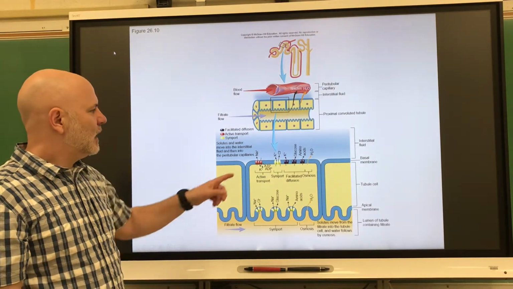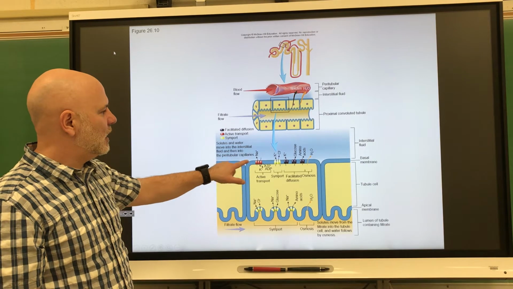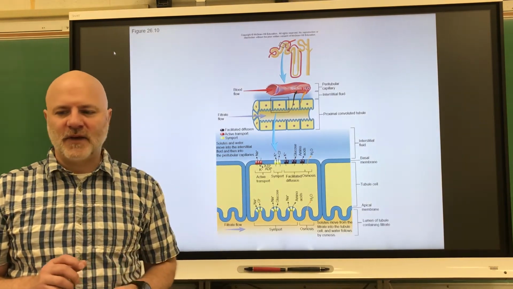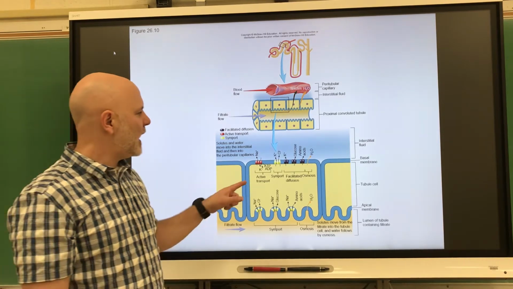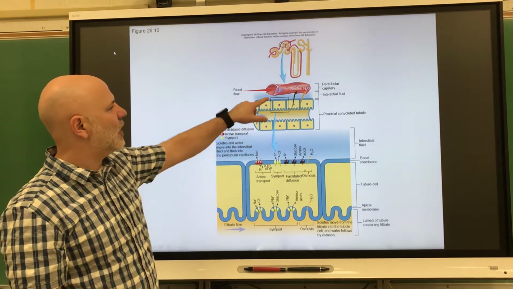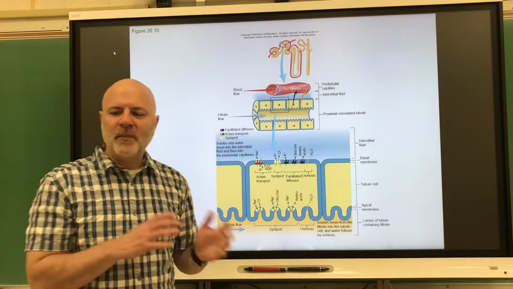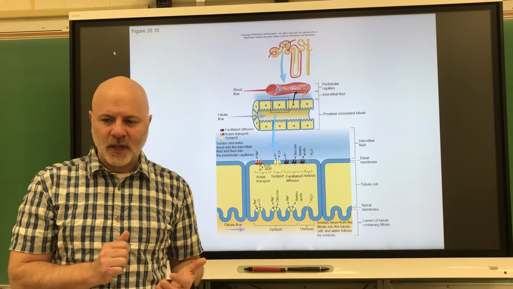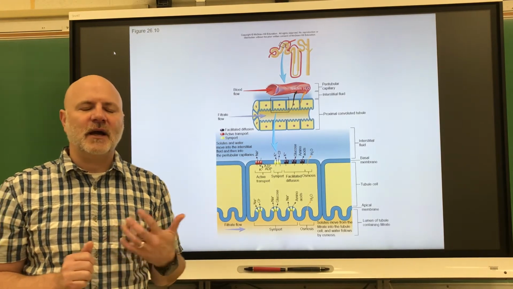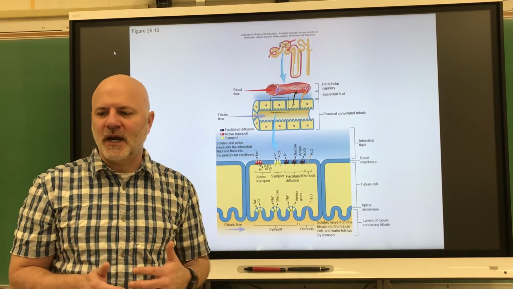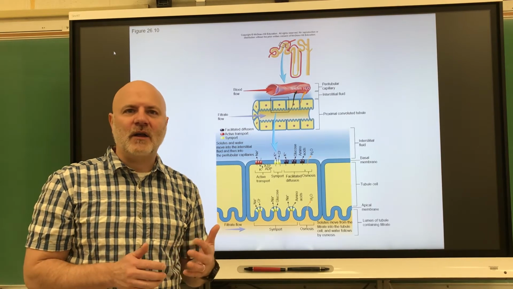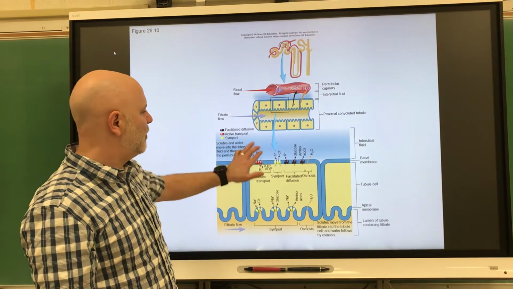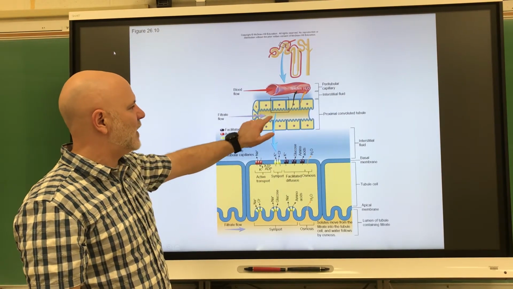All right. Probably the most important one is sodium. That's the most abundant cation found in the filtrate. What happens here is we pump sodium back into the blood, and by pumping sodium, it creates a strong electrochemical gradient. Negatively charged ions like chloride ions, phosphate ions and bicarbonate are going to follow the sodium ion passively. So we pump sodium, and these negative ions follow along for free.